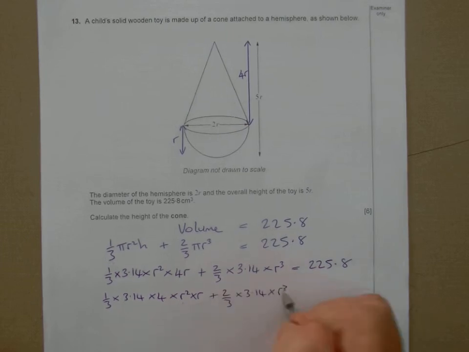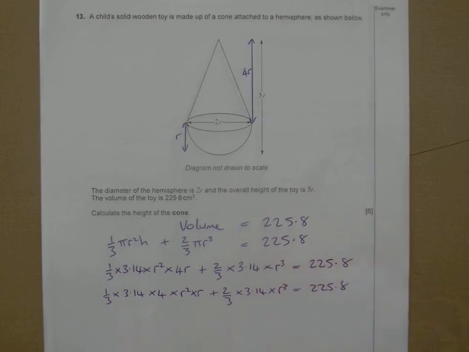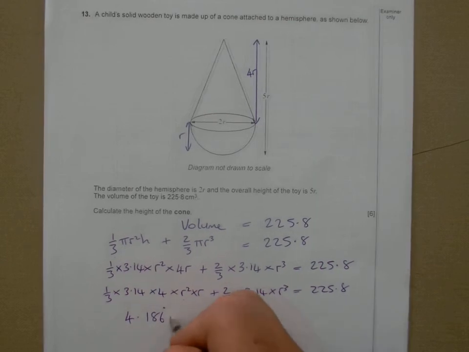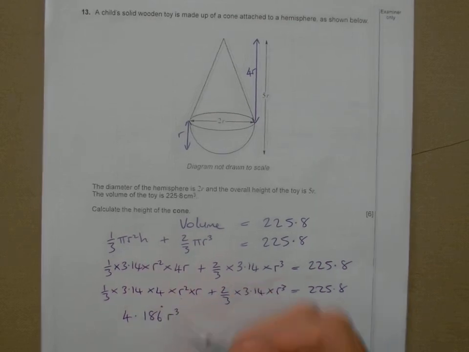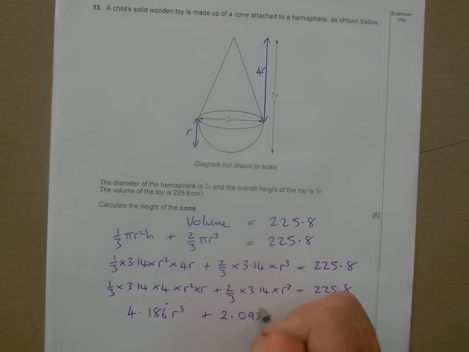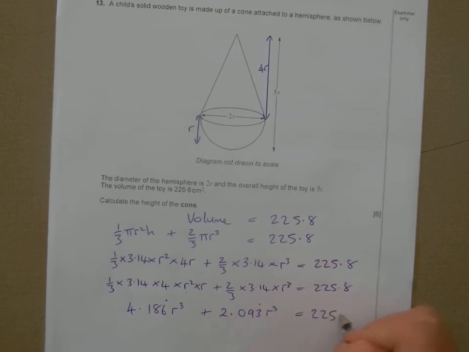But I would work it out separately. 1/3 times 3.14 times 4 comes to 4.186 recurring, and then r squared times r is r cubed. Then 2/3 times 3.14 gives 2.093 recurring r cubed, and that equals 225.8.